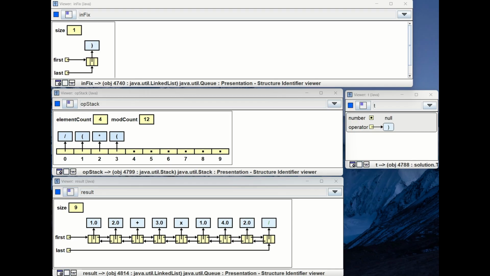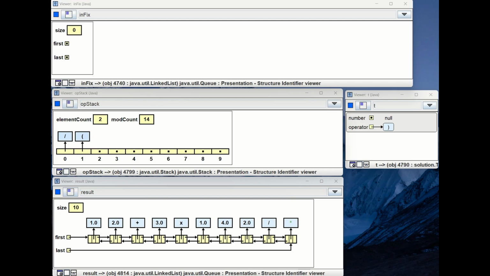And now that our stack has finally hit the open paren, we discard that. We look at our infix. That is a closed paren again. So now we're going to pop off until we hit the matching open paren. In this case, it's multiplication. That'll get popped off into our results. And then we have finally the matching open paren. We'll discard that. Now our input is empty, yet our stack is not.